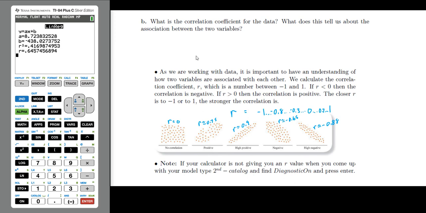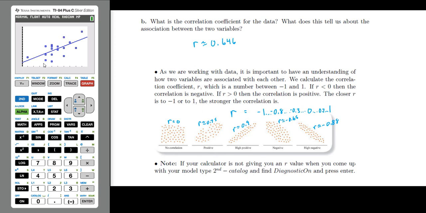So what we can say is for our little problem that we're doing, R is 0.646, we'll say. And if I click on the graph again and look at how this is spaced out, similar to how this is spaced out, you can see the relationship here between the number I made up and what we're seeing in our data set.